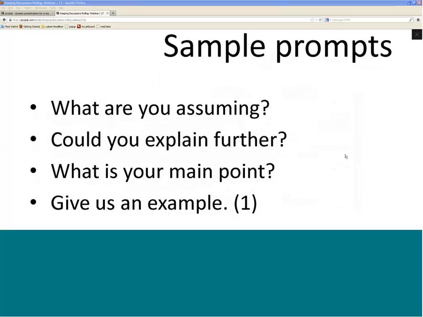Some sample prompts here, as you see on this screen, things that you could be saying to the student to move along a discussion that maybe has bogged down a little bit. Again, these are questions that really can fit almost anywhere in a discussion.